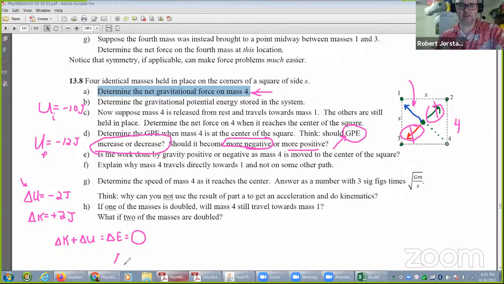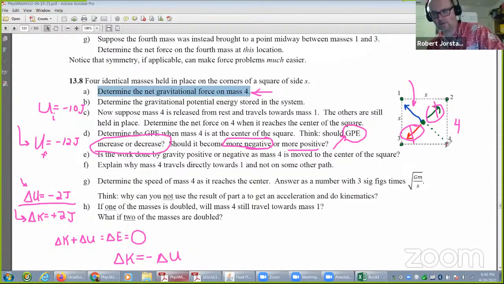And that tells me that delta K, the change in kinetic energy, is equal in size, but opposite in sign to the change in potential energy. So if you lose potential energy by going to a more negative number, you gain kinetic energy. It started from rest and moved that way. It must have gained kinetic energy and lost potential energy. Is that making some sense conceptually why the numbers become weird like that?